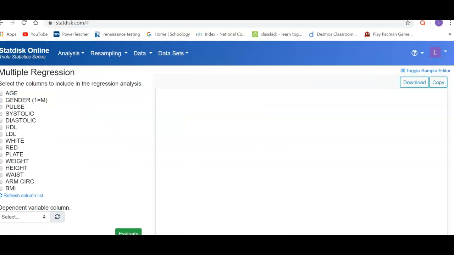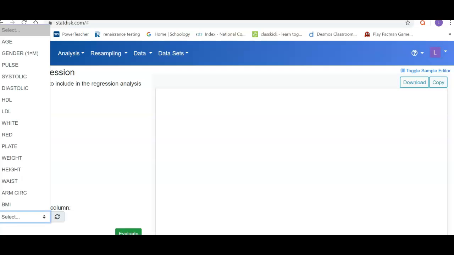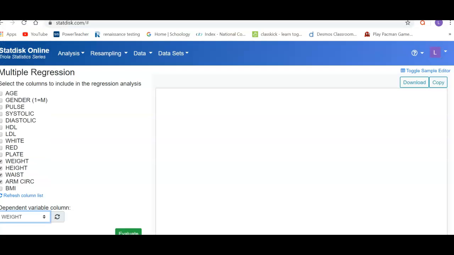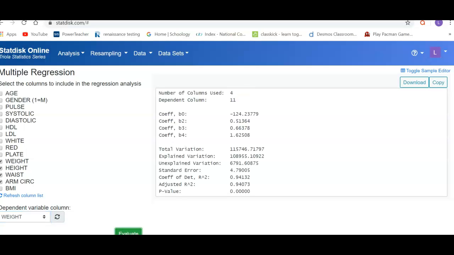We're going to do weight, height, waist, and arm. And we're going to calculate someone's weight and evaluate. All right, so when we look at these, we have our numbers at the top here. So we have the negative 124, the 0.5136 goes to the height, because that's our first one.